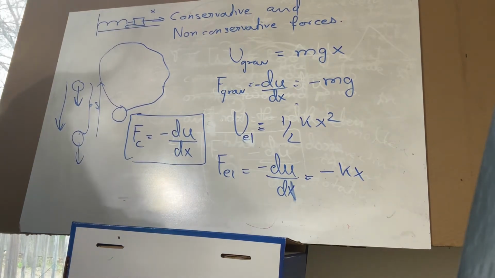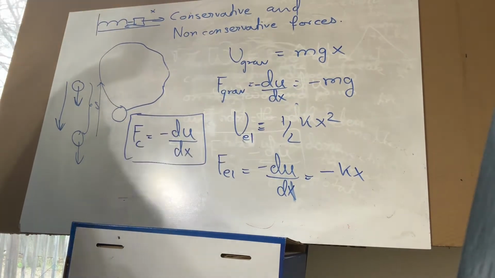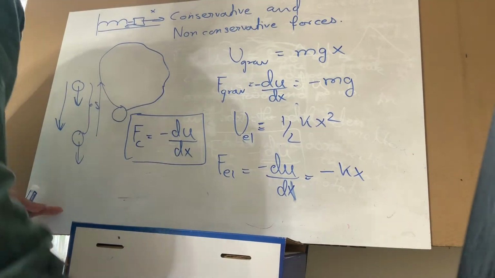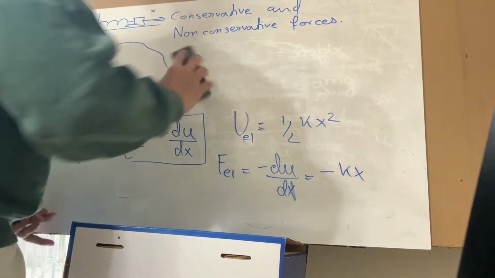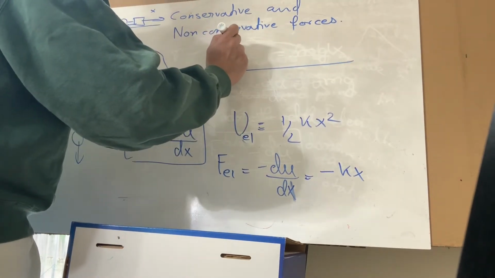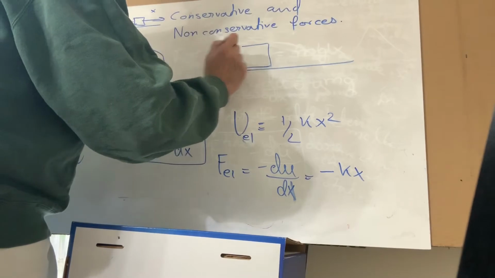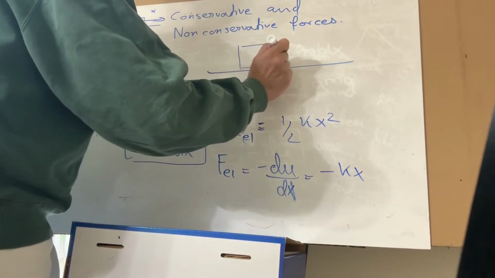So what is a non-conservative force? A non-conservative force is friction. In the case of friction, if I push an object on the table with a force in this direction, there's a frictional force.